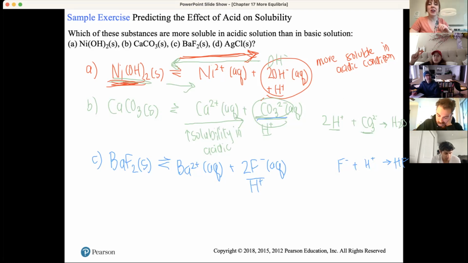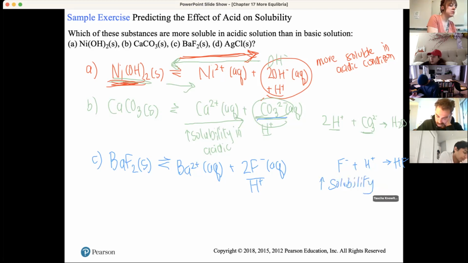Oh, good, Emery. Increase. Increase solubility in acidic with an acid. Okay. Now if I add hydroxide, I'm going to be adding a strong base to a weak base. No effect.